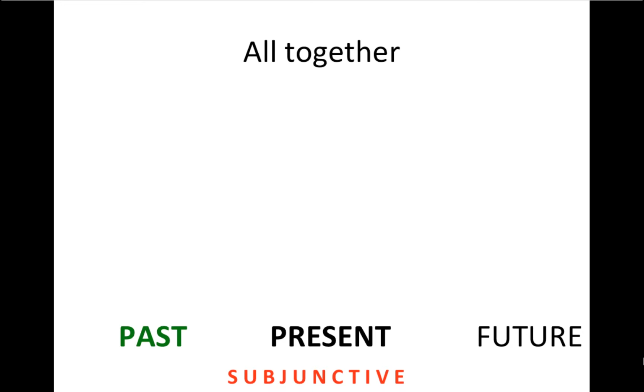Altogether, let's look at the subjunctive. Now, this is a statement that needs to be followed by the subjunctive. Me alegro de que. Remember, if you have already studied your subjunctive rules, when you're expressing an emotion about something, that is one rule, which means that whatever follows has to be in the subjunctive.